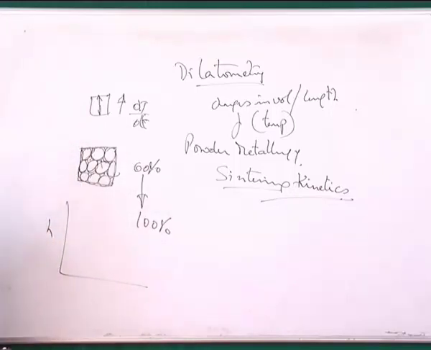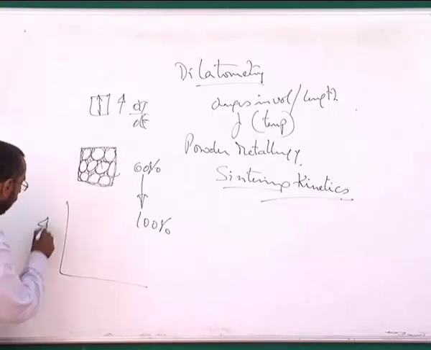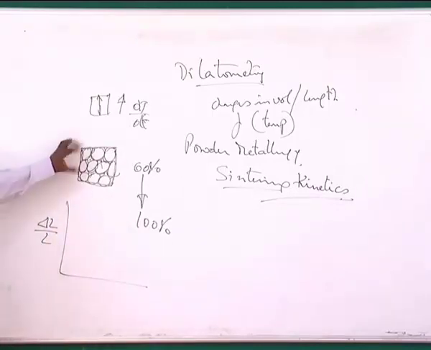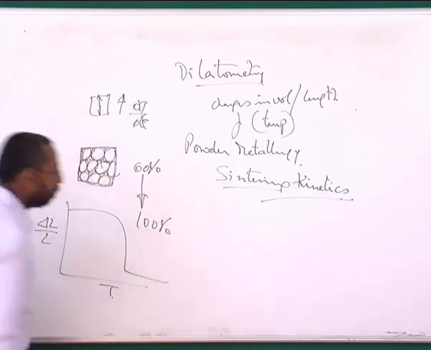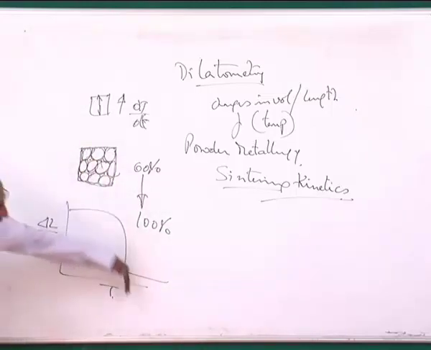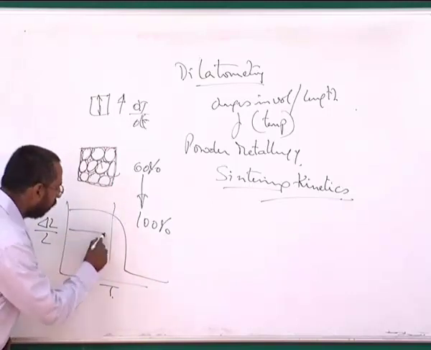The H, or people also plot it as delta L by L, the change in length versus the original length as a function of temperature. And if it is sintering, you would possibly see something like that. There is a shrinkage. Up to a certain temperature, the shrinkage is very, very small.